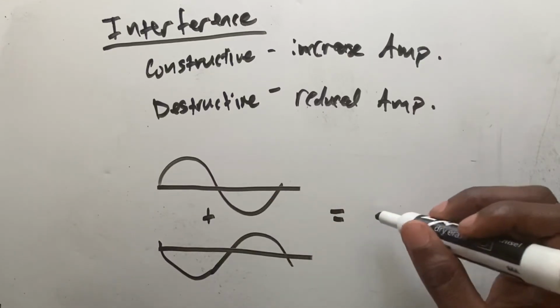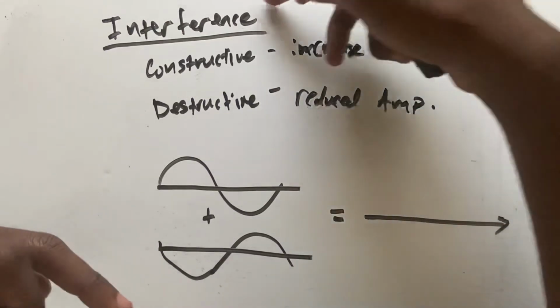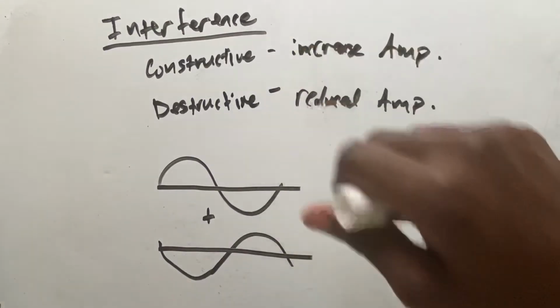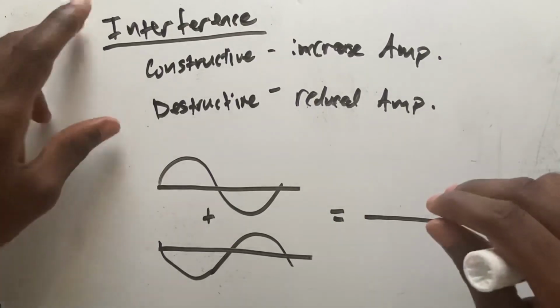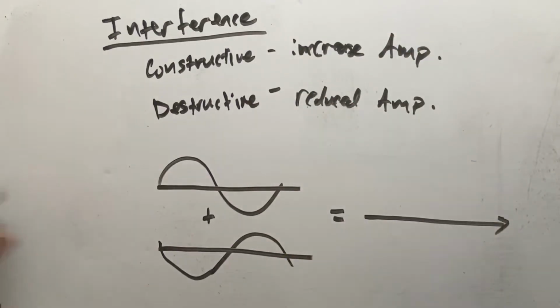They're going to cancel each other out. You're just left with a straight line. So that's how waves interact with each other. If there's more than one wave, they can interfere either constructively or destructively.